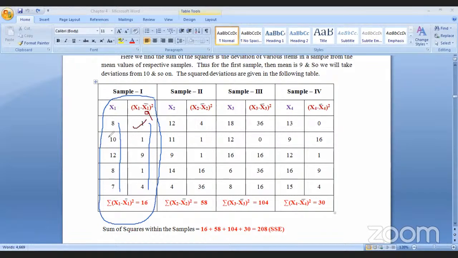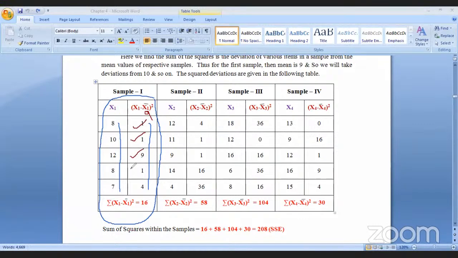Next, 10 minus 9 is 1, 1 square is 1. 12 minus 9 is 3, 3 square is 9.